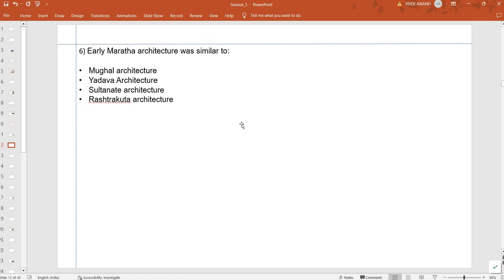So in that way, early Maratha architecture was influenced by Sultanate architecture. Yadava architecture was the architecture of the Deccan region before the Bahmanis and Sultanates. And Maratha came after which dynasty?